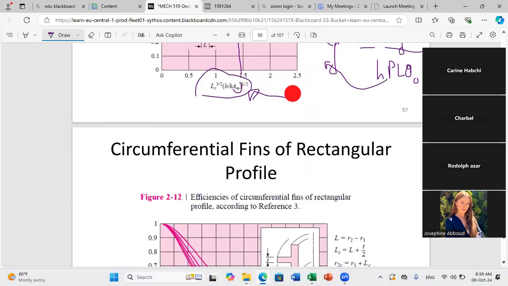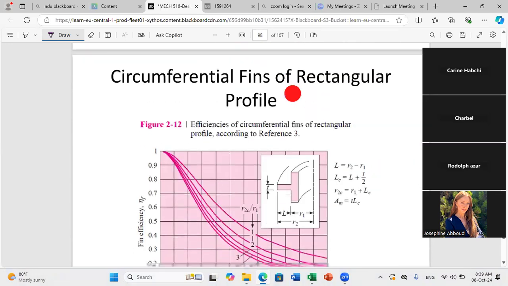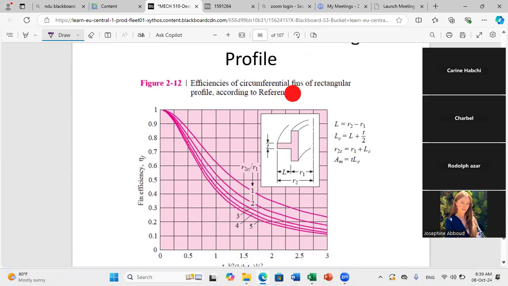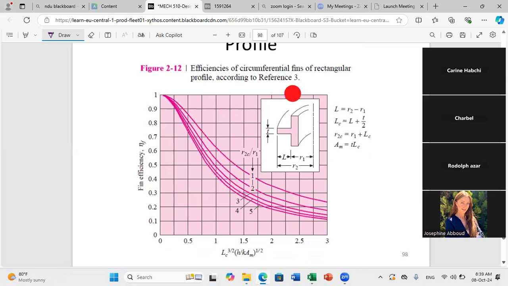No. Okay. And here, of course, if the geometry changes, the graph will change. Here you have, for example, a graph for the case of circumferential fins with rectangular profile. As I told you, for each graph, they give you all the parameters needed. For example, I should give you the inner radius R1, the outer radius R2 of the fin, the thickness T of the fin, and the length L of the fin.